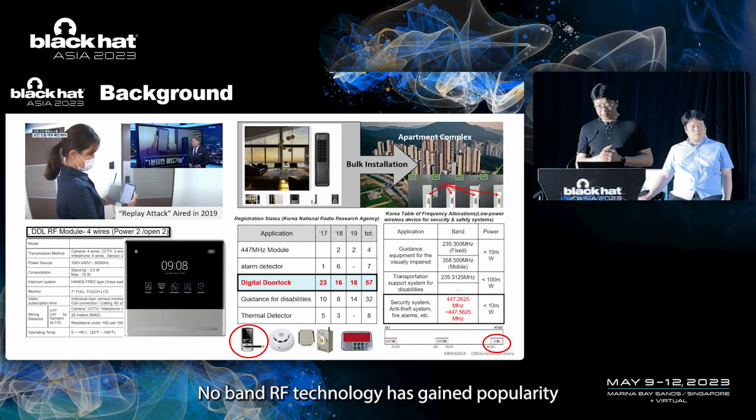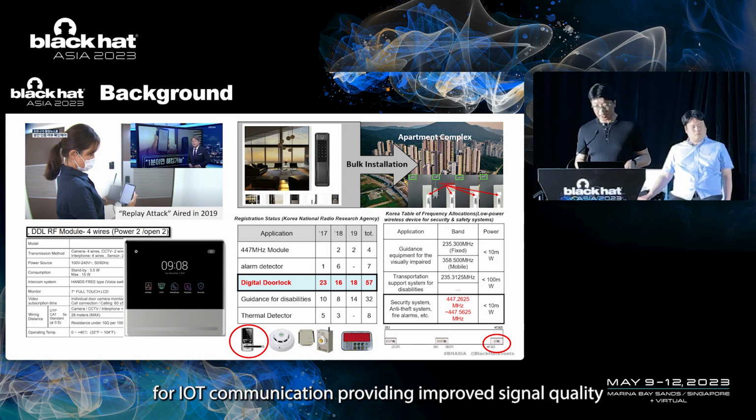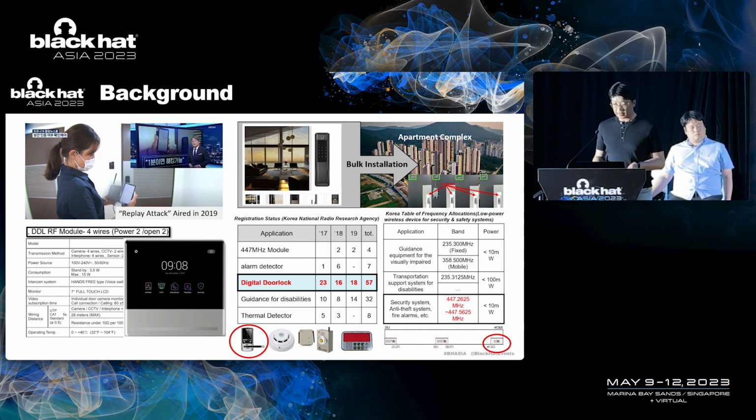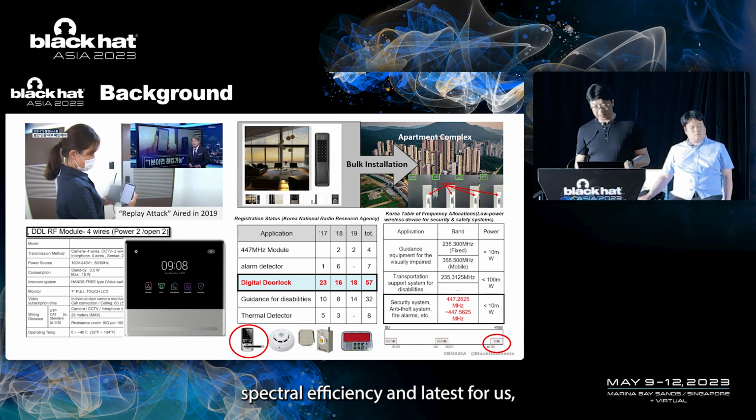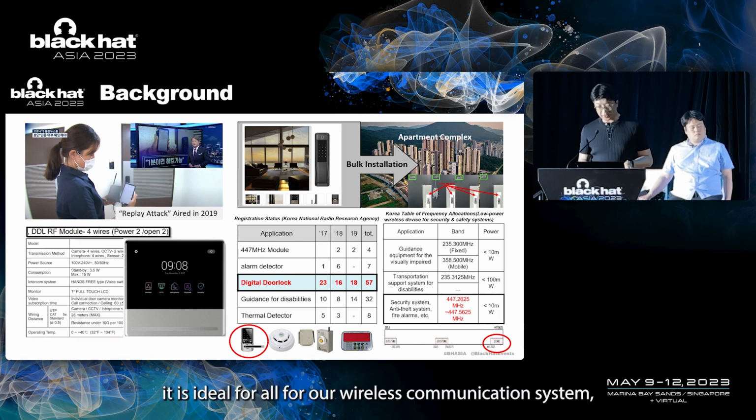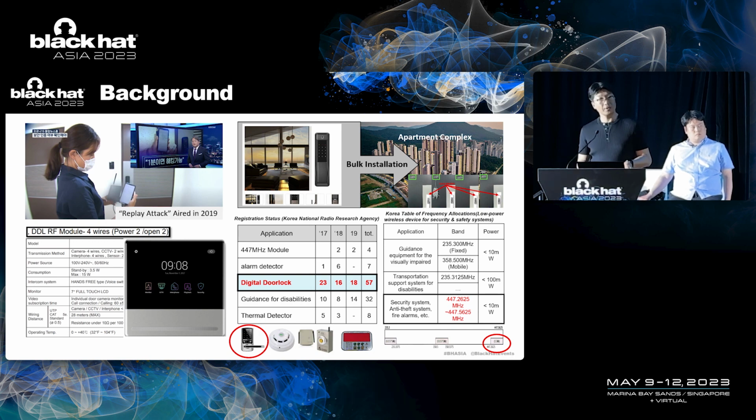Narrowband RF technology has gained popularity for IoT communication, providing improved signal quality, spectral efficiency, and reduced interference. It is ideal for low-power wireless communication systems, making it a great option for wireless sensors and other IoT devices.